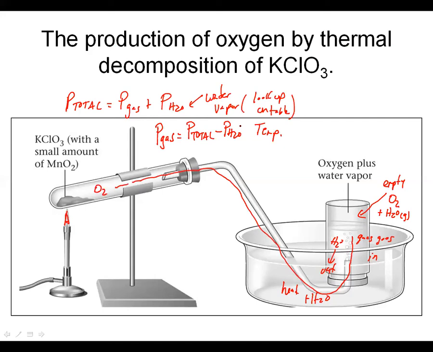So this type of situation, whenever you collect the gas over water, or again, it's referred to as saturated with water vapor, that usually means you need to do this step here, where you're doing a simple subtraction of the total pressure minus the vapor pressure of water. In a book type problem, they typically will give you the total pressure, but you may have to look up the vapor pressure of water.